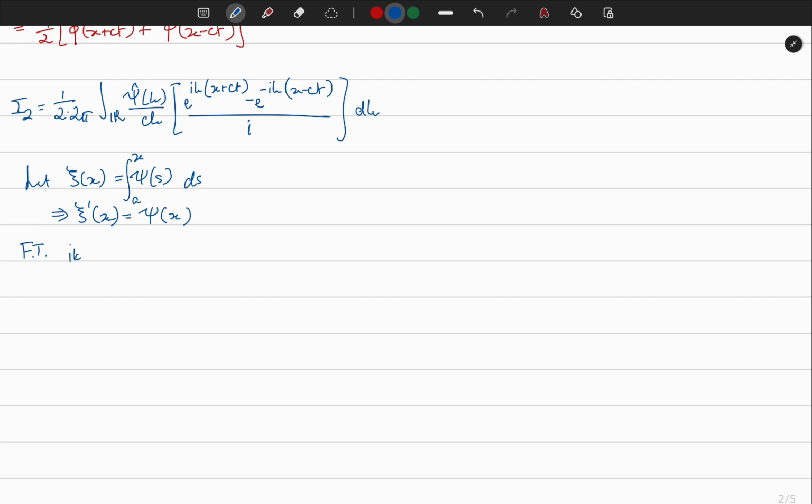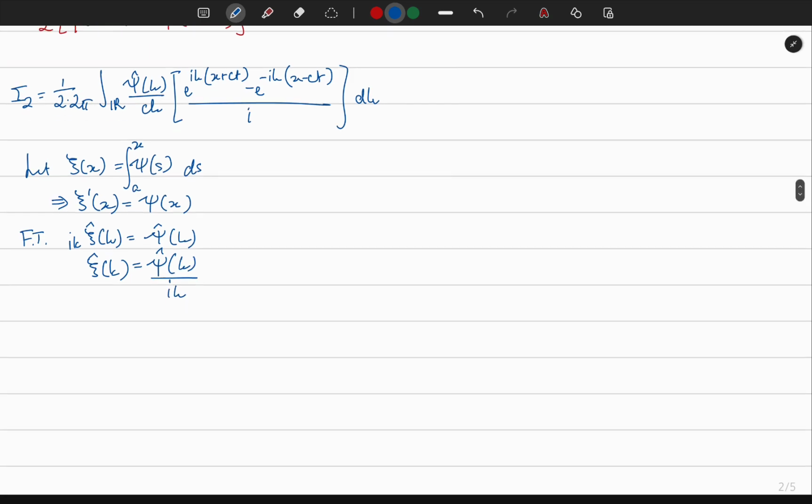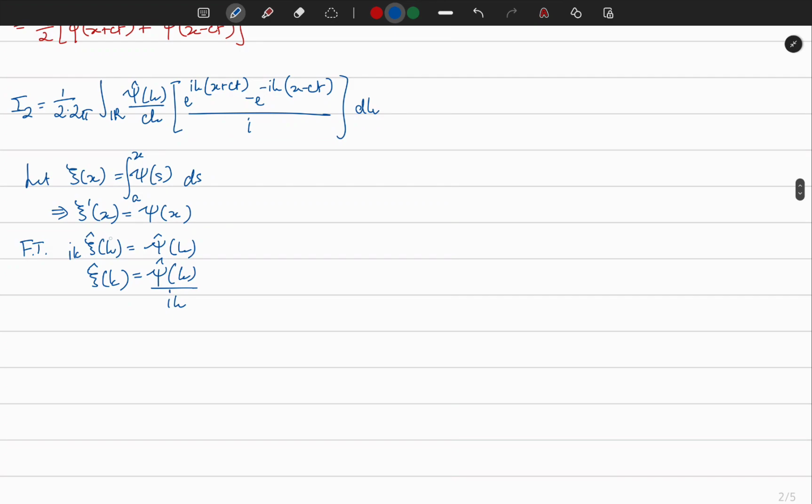Doing so, we get ik times capital psi hat of k is equal to psi hat of k, or in other words, capital psi hat of k is equal to psi hat of k over ik. Okay, which is good because we have this i on the denominator. We also have a k on the denominator as well.